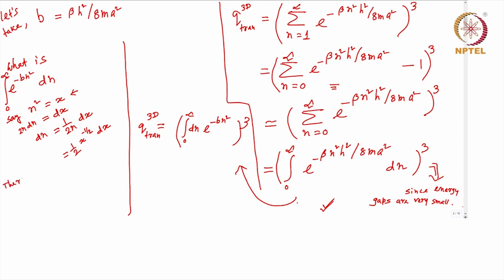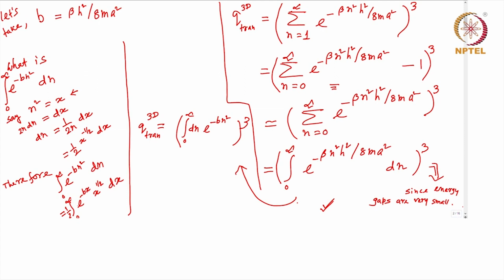Therefore, 0 to infinity e to the power minus b n square dn now becomes 0 to infinity e to the power minus b x, half comes here, x to the power minus half dx.